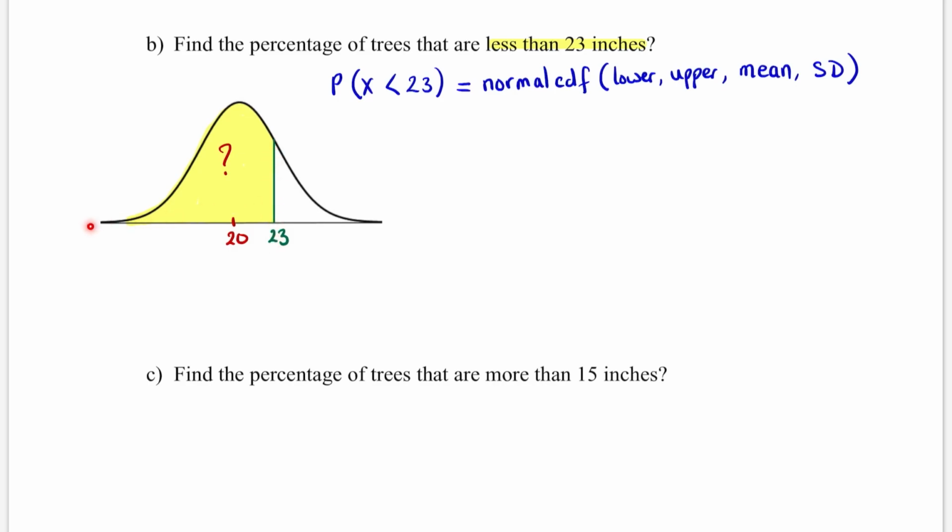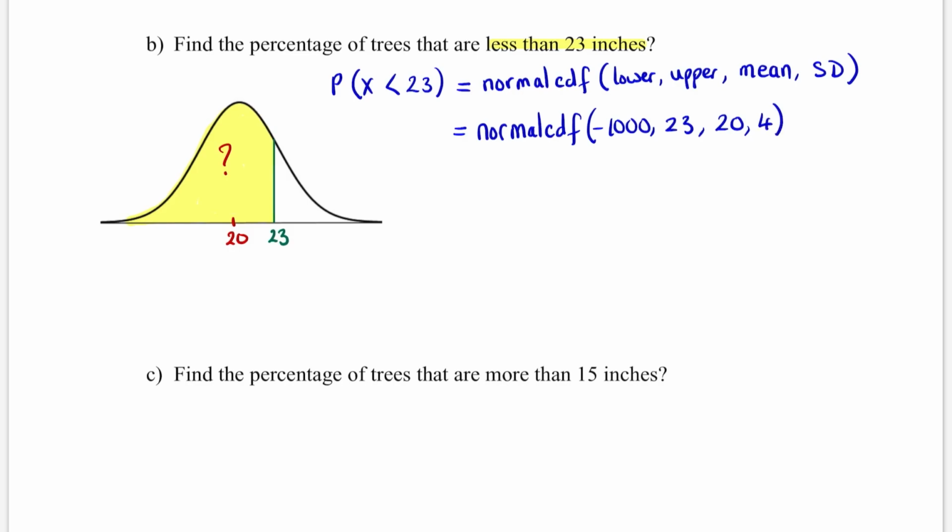I do not have the left boundary because my graph can keep going forever to the left. So I just have to pick a really small number, very, very small compared to our data values. In this case, I'll pick negative 1,000. Mean is 20 and standard deviation is 4.